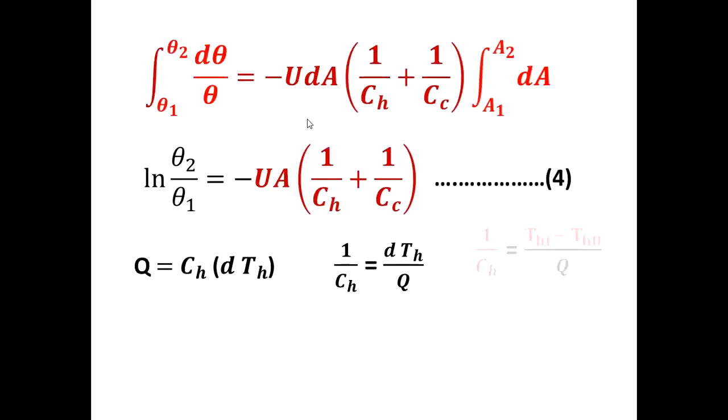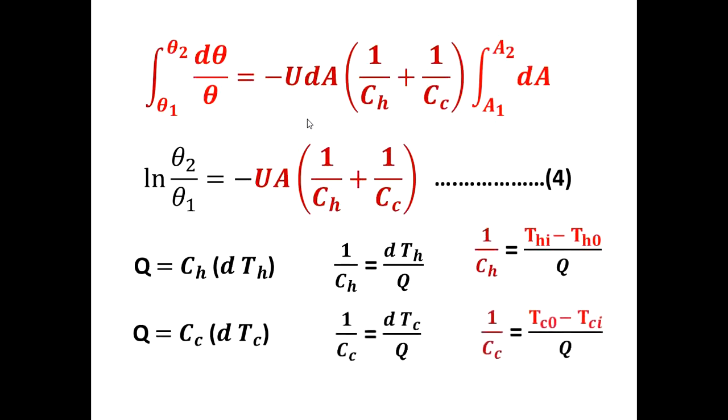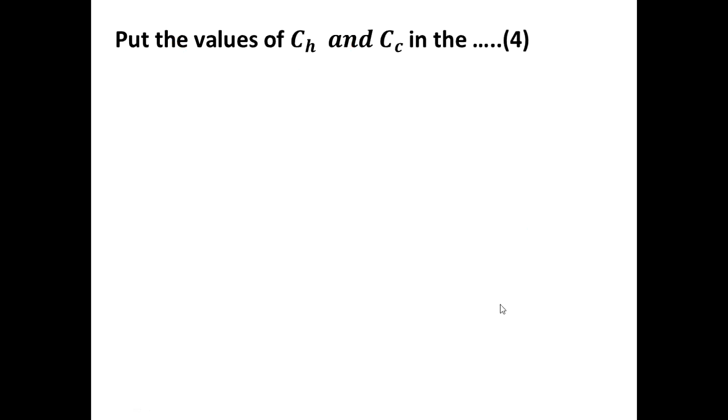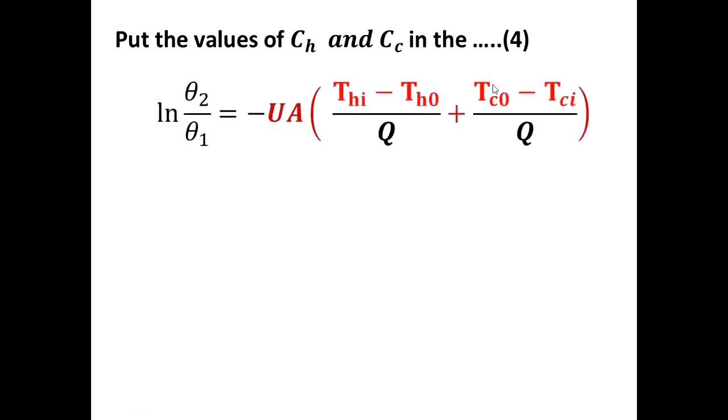So you can write like this. ln of theta, if you apply the limits, ln of theta 2 by theta 1 is equal to UA, where dA integrates to the area A. Q is equal to CH into dTH, so 1 divided by CH is equal to dTH divided by Q, and 1 upon CC is equal to dTC divided by Q. You can rearrange the equation and put the values of CH and CC in the fourth equation.